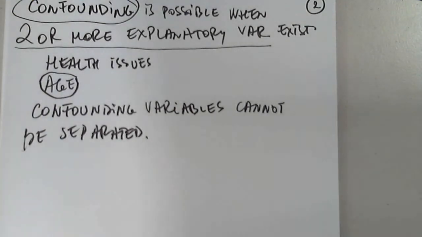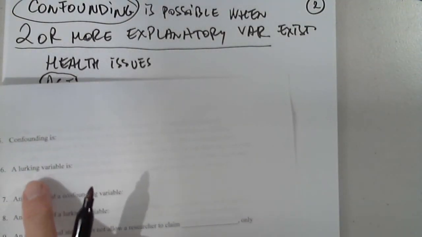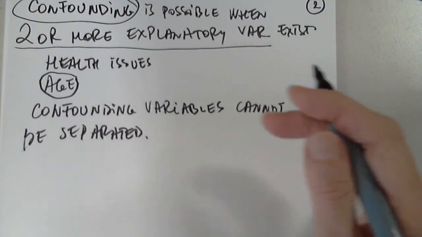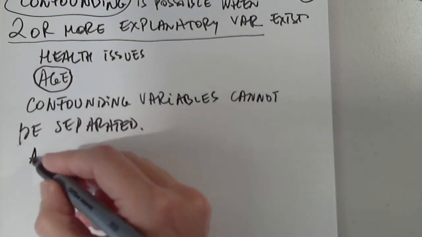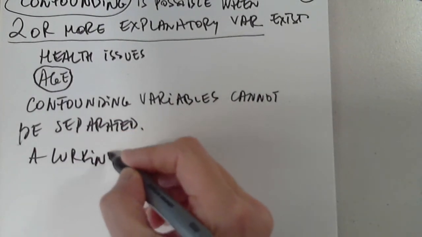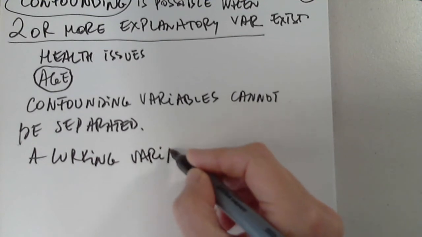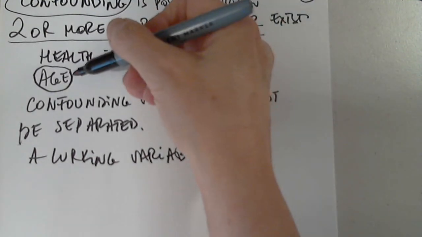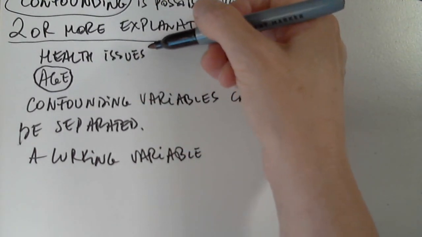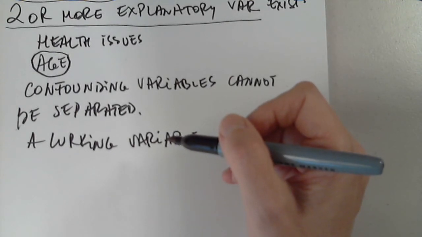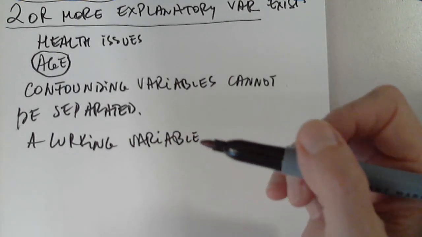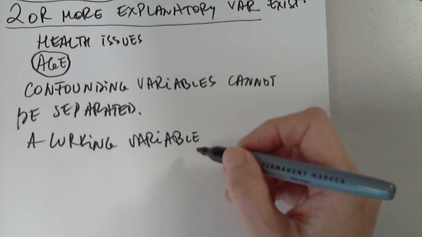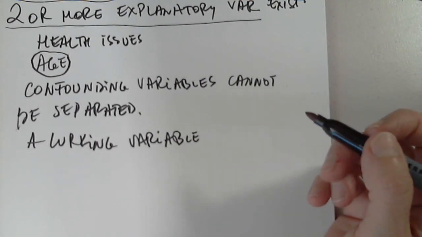Now, moving on to what is called the lurking variable, that we are not studying. It can be age, it can be health issues, but we are not studying it. So it's an explanatory variable that is not considered in the study.